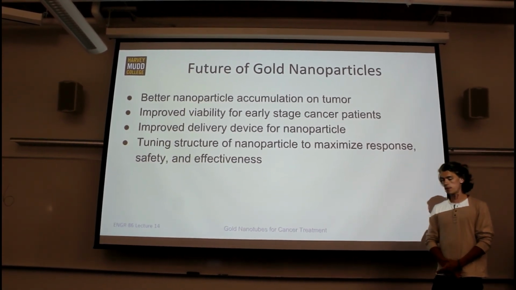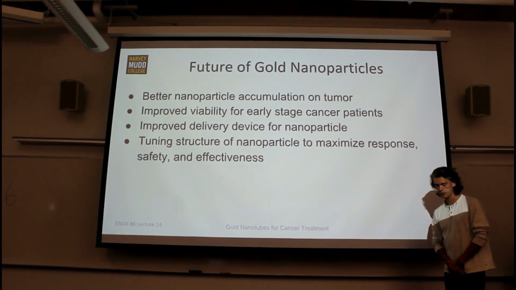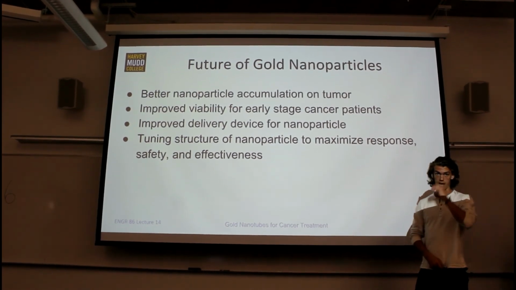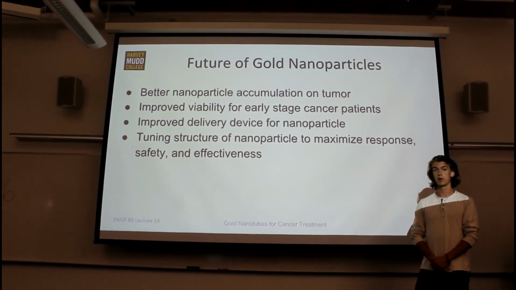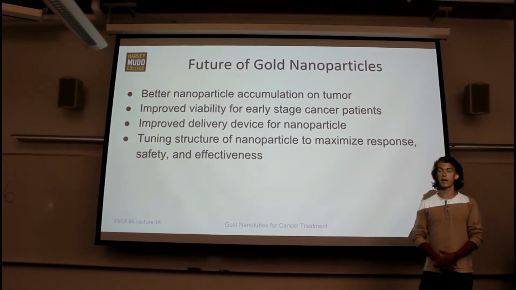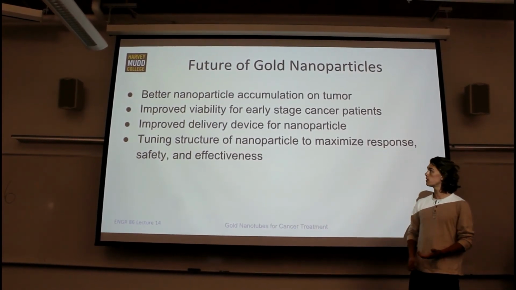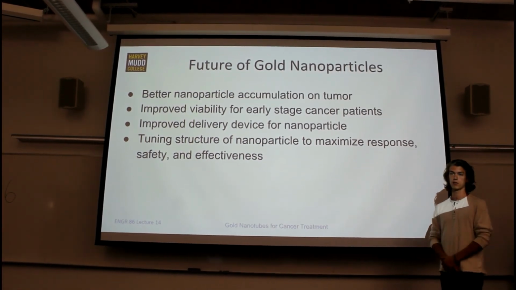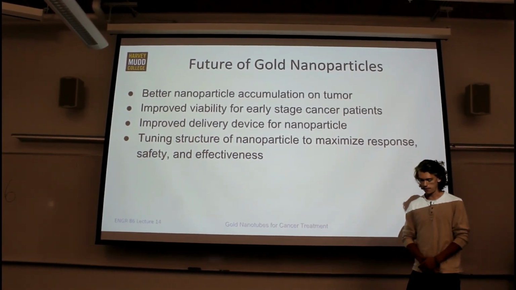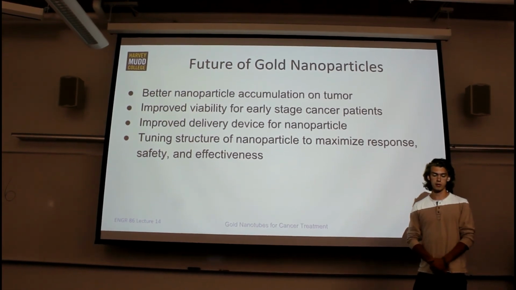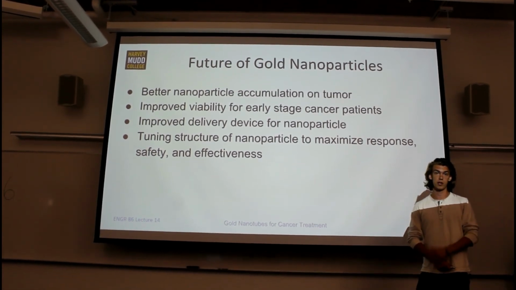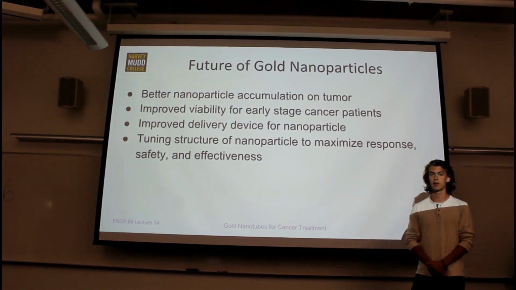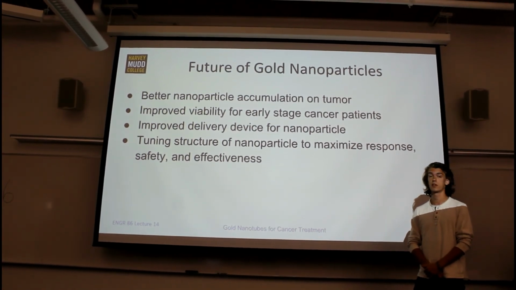And then adding to that, the improvement of early stage treatment with the dark field imaging and actually targeting very small cells before they're visible in any real way is useful. And then tuning the structure to maximize the response, safety, and effectiveness is ideal, and that is a long-term solution to this problem. Once it works and is able to be used clinically, finding the ideal golden zone where these work perfectly is going to be a problem, but that is the future of gold nanorods.